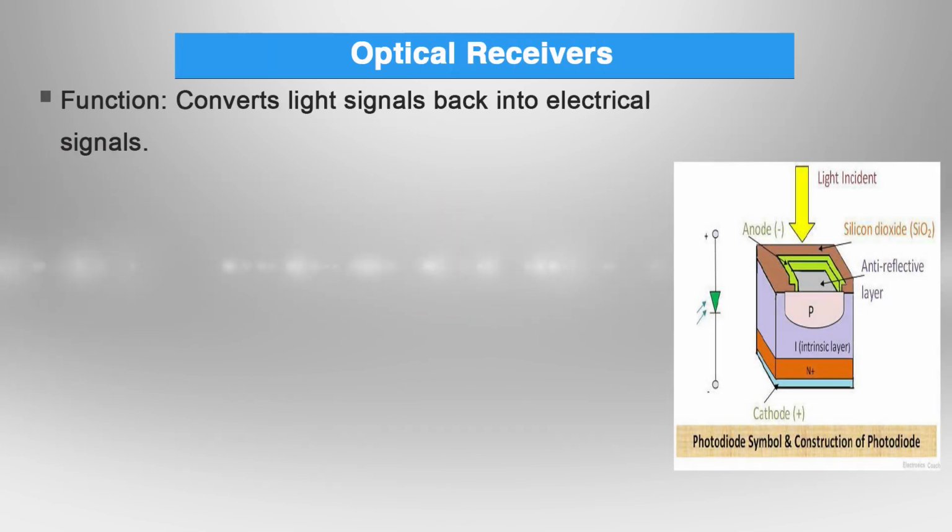Next is optical receivers. Optical receivers are essential components in an optical fiber communication system. These are responsible for converting the incoming optical signal back into the electrical signal. The key elements of optical receivers are photodetectors.